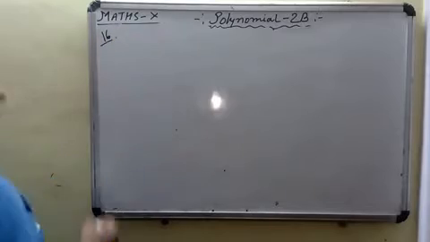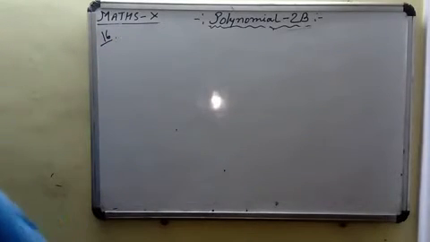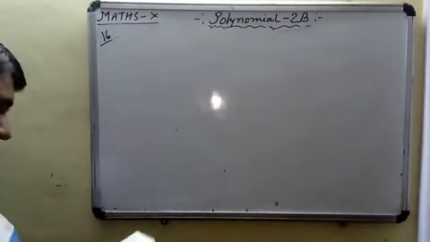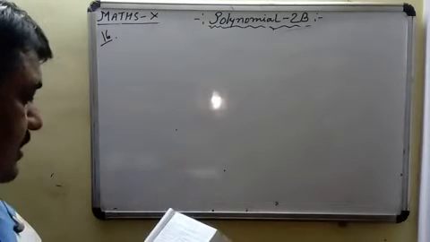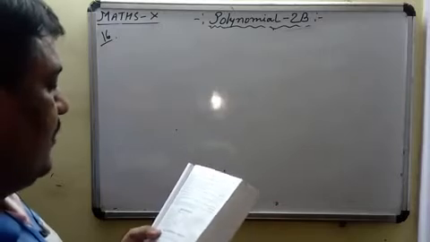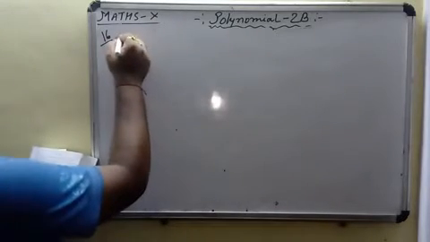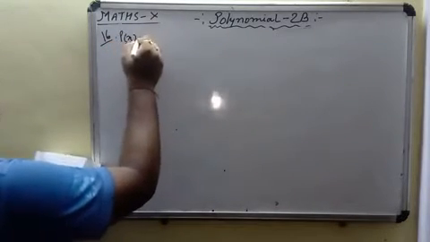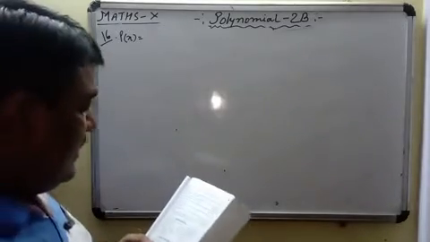Question number 16 is saying that there are two zeros of a polynomial. Again, the same question is repeated here. The polynomial is given to us.